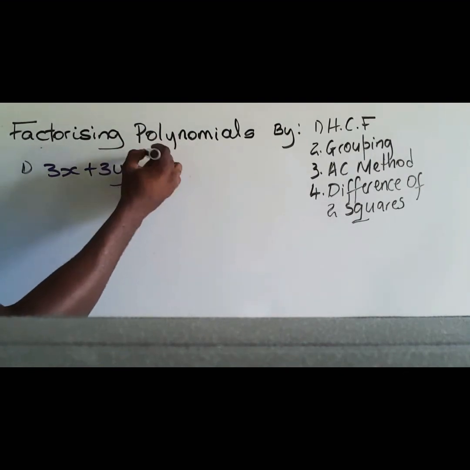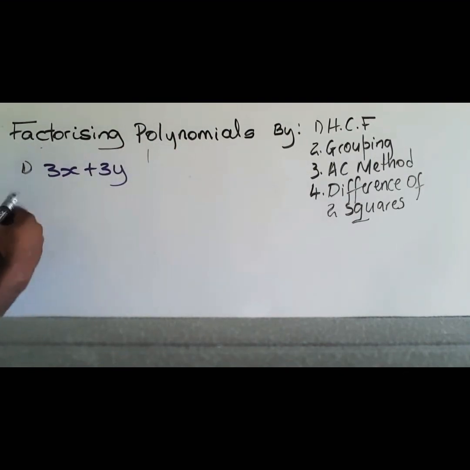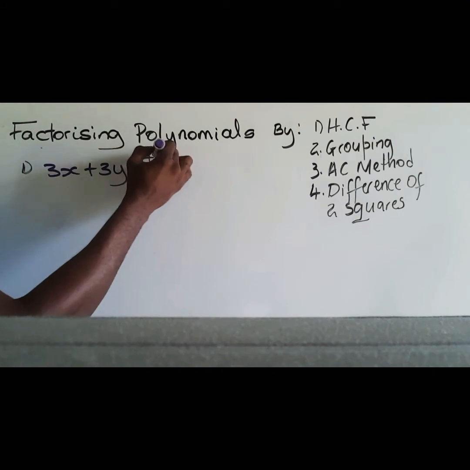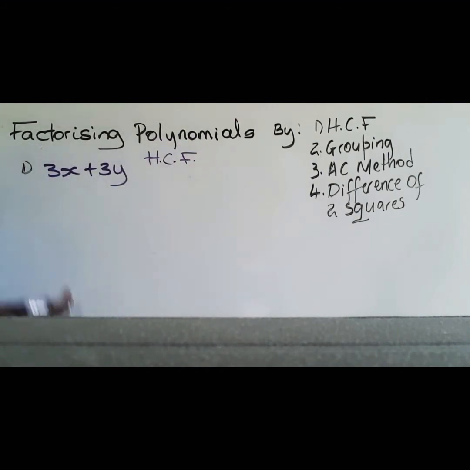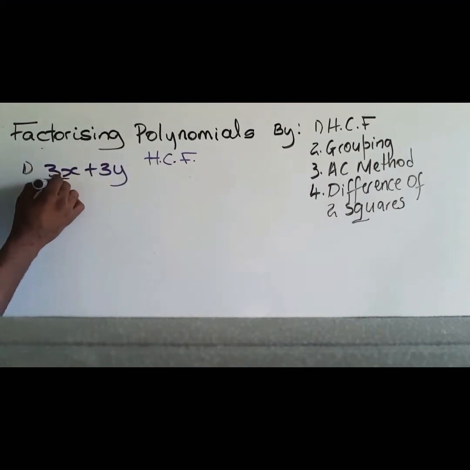So we will employ the H.C.F method here, highest common factor method, highest thing that is common. So we isolate the common factor, then the process is that you open a bracket. What we're about to do now is to divide the highest thing that is common throughout. So we're going to divide it with this term.